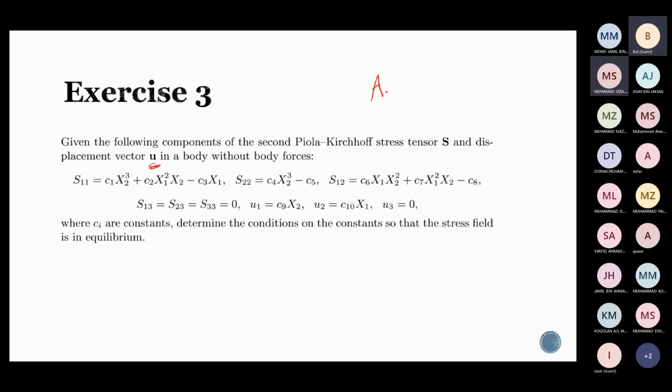This is displacement in material description. Then you need to find acceleration, velocity, and so on. So try this and see how you can answer this. Okay, I didn't try because I don't know how to answer this.